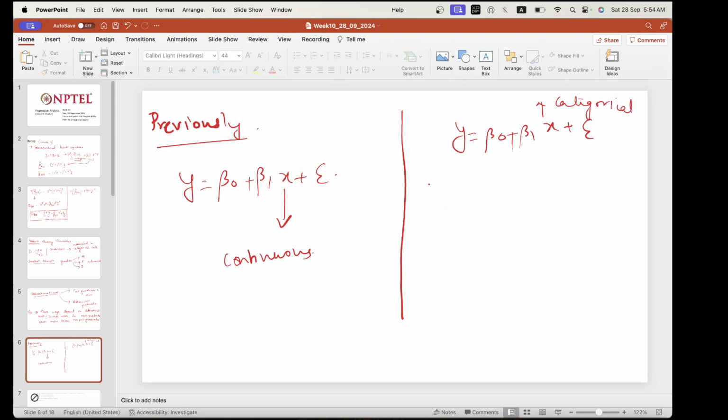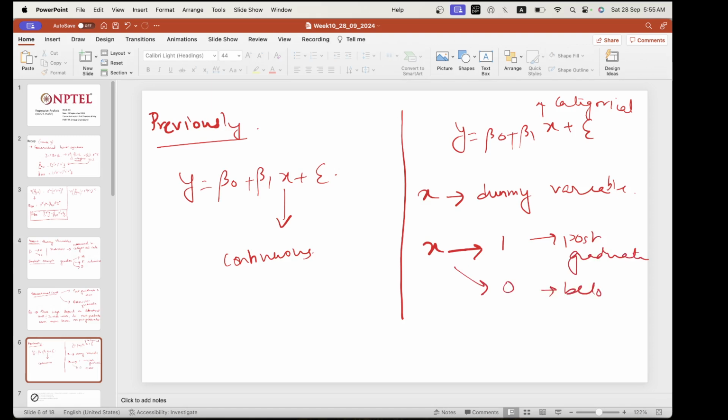Okay, now if I say that x is my dummy variable, then x can take two values, 1 for postgraduate and x can take value 0 for below.